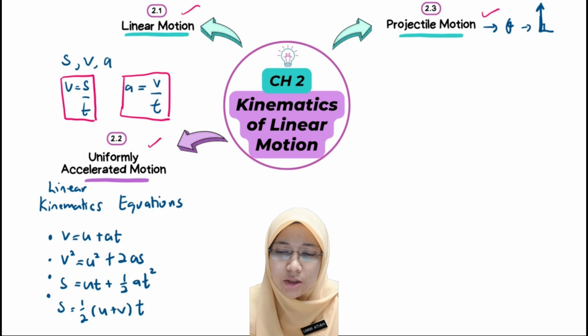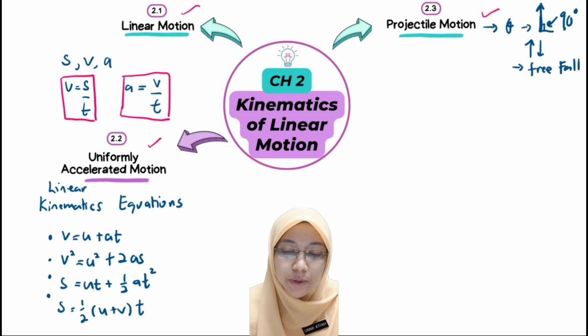And if the angle is 90 degrees, whether it is going up or going down, it is categorized as free fall. But let's go to the basic equations for projectile motion.